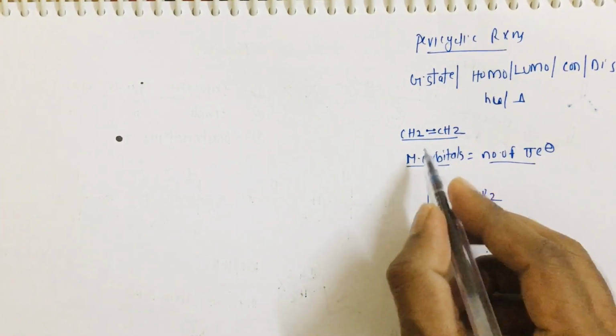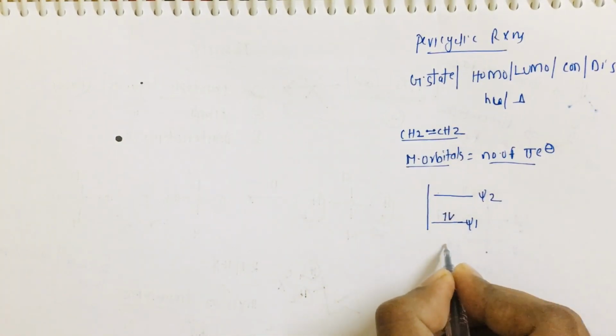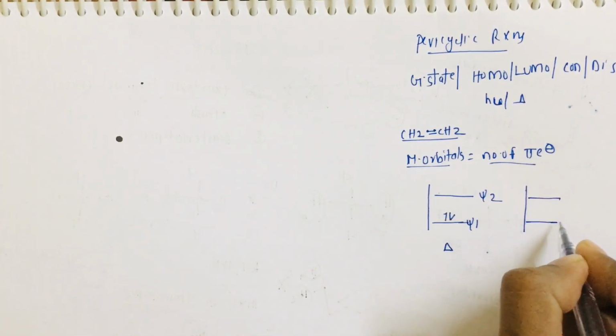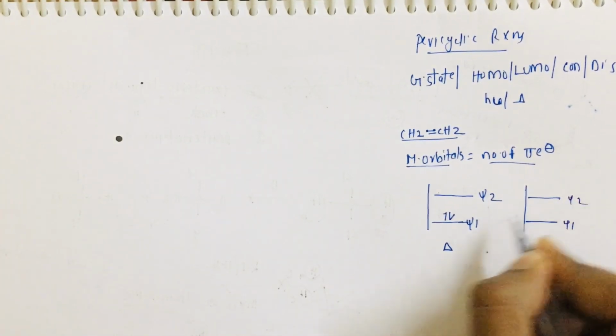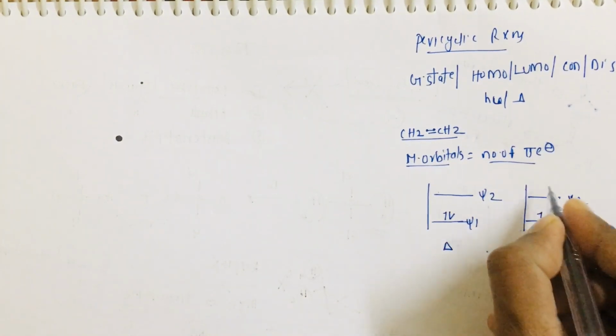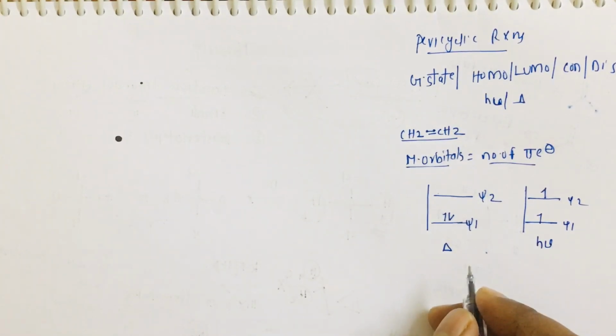So we have 2 pi electrons. Those 2 pi electrons will fill here in case of thermal condition, whereas in case of photochemical condition, one electron is excited from psi1 to psi2. So this exists like this. This is in the photochemical condition, this is in the thermal condition.